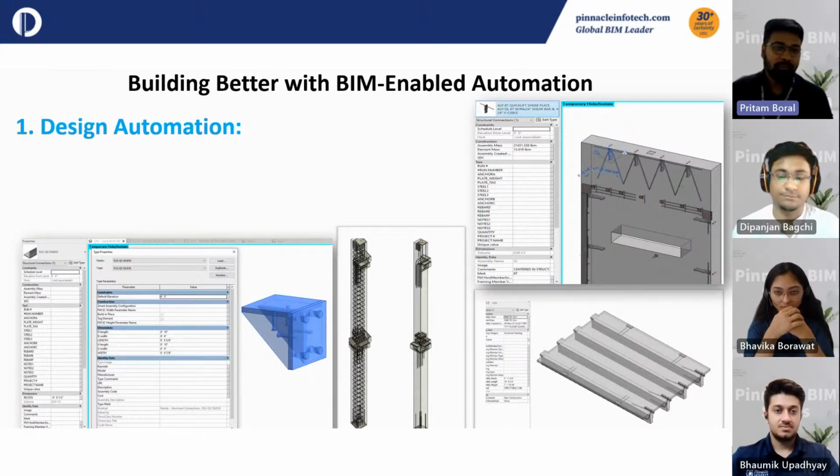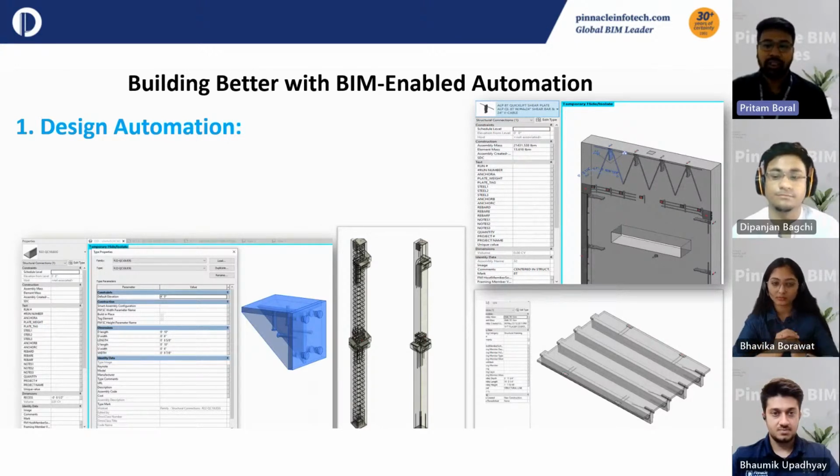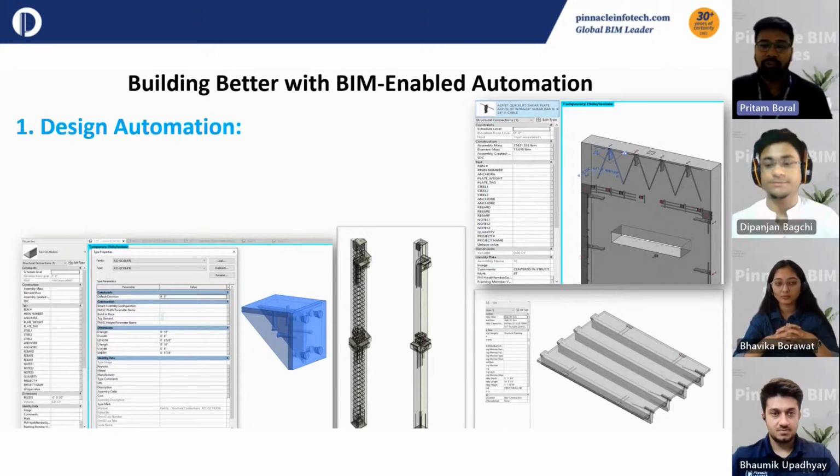Firstly, BIM helps us to automate the design process. BIM enables automation of design tasks by utilizing parametric modeling techniques. A parametric model allows designers to define the relationships and constraints between different elements in the model. By changing one parameter, the entire model can be automatically adjusted, saving time and effort.